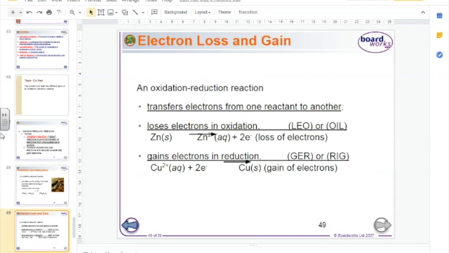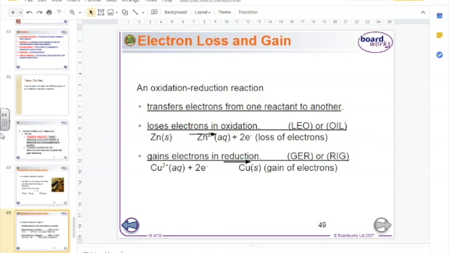So an oxidation reduction reaction transfers electrons from one reactant to the other. It loses electrons in oxidation. One way you can remember that is loss of electrons, or oxidation is loss. It means you're losing your electrons. It's becoming more positive because you're losing your electrons.